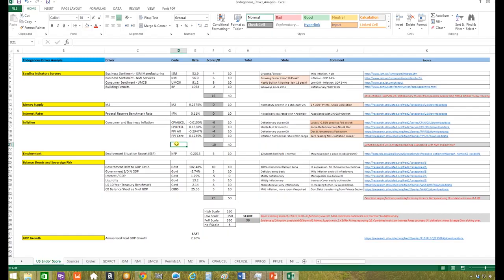So most of our contribution to our inflationary numbers is coming from our balance sheet and sovereign risk. And our deflationary contribution is coming actually from one of our leading, but mostly our coincident indicators. And our leading indicators may have some deflationary threats from peaks.